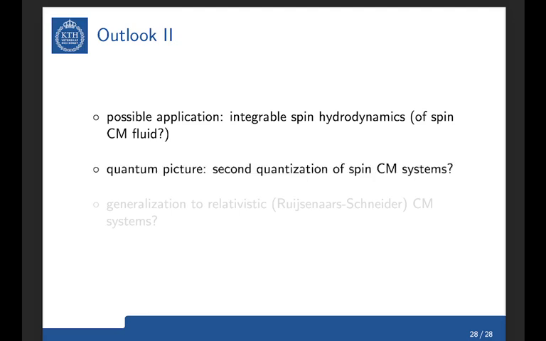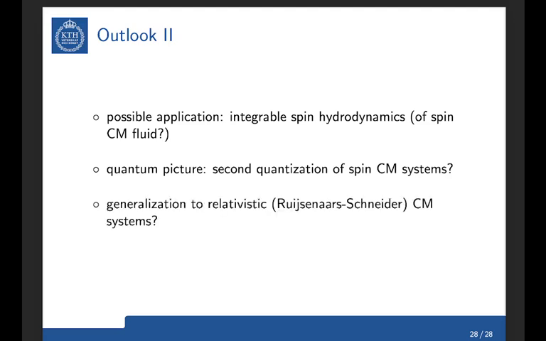The quantum picture is very interesting. The Benjamin-Ono equation can be understood as coming from a second quantization of the rational, or rather trigonometric, conventional CM system. And so it would be reasonable to expect that the spin Benjamin-Ono equation could be understood as coming from a second quantization of the spin CM model.